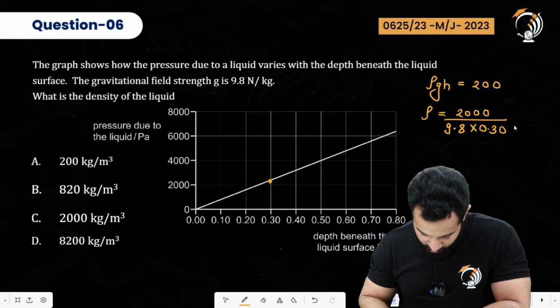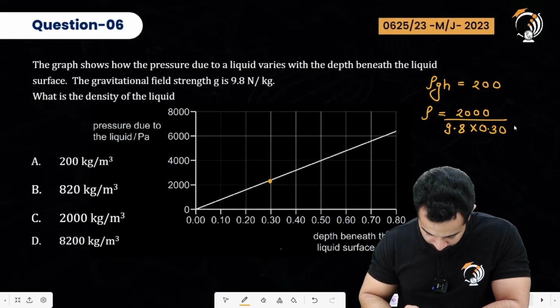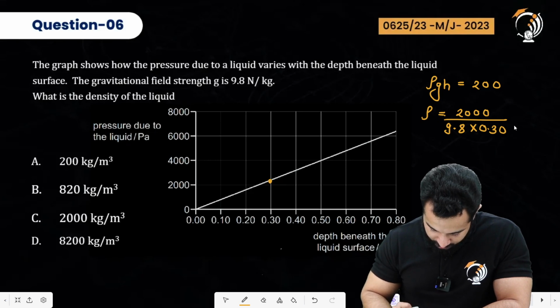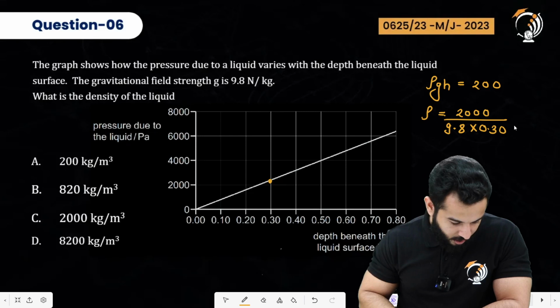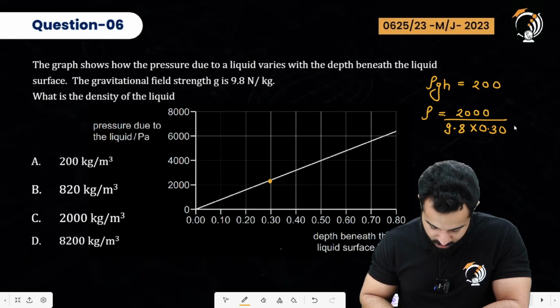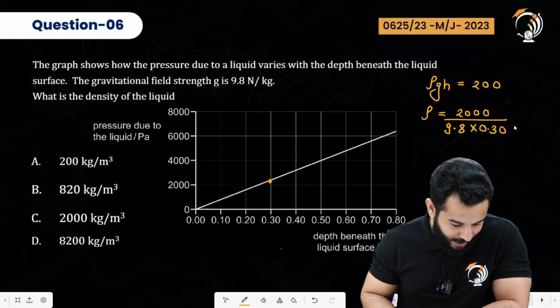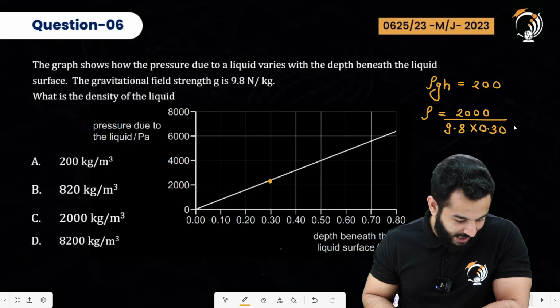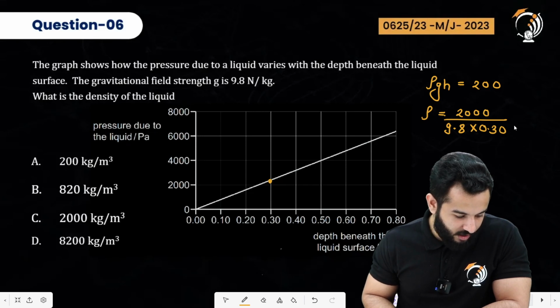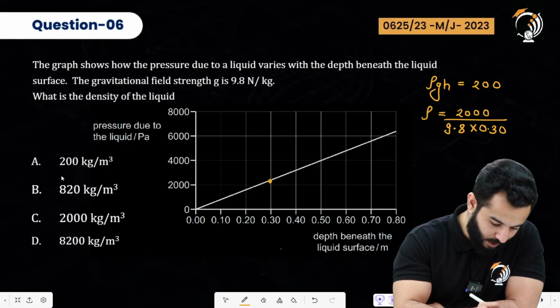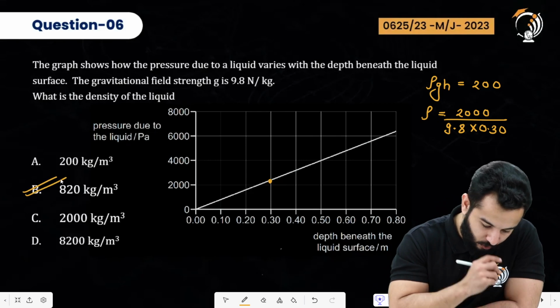So let's first find it out. 2000 divided by 9.8 divided by 0.30 is around 680. If I decrease 0.30 by a bit, the number might increase up to like 820. So the correct answer would be 820 kilogram per meter cube.